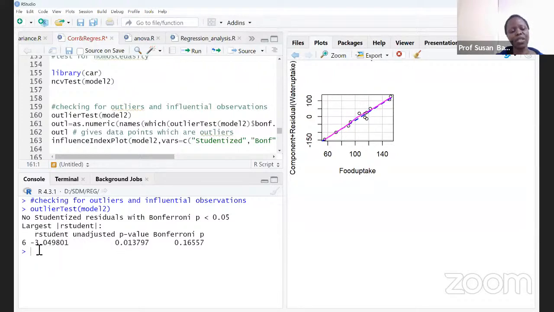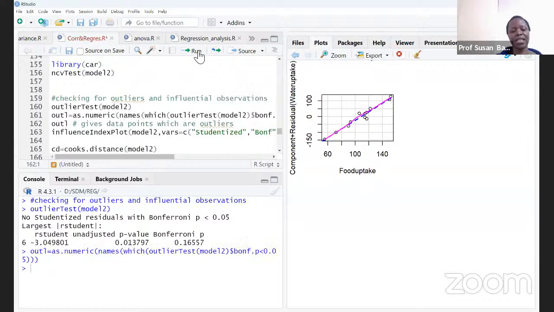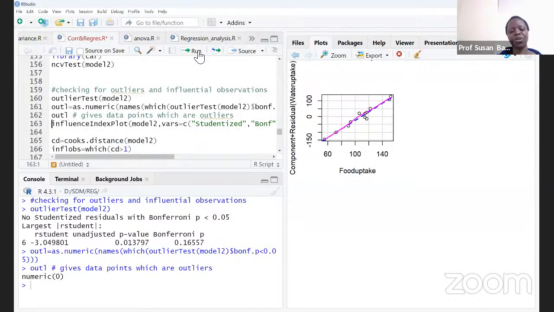Now we are testing to see whether it's an outlier. And here the p-value obtained is greater than 0.05, indicating it's not an outlier. To confirm, we've created an object out1 using as.numeric, names, and the Bonferroni test. It tells us that we don't have any outliers. Out1 would have highlighted the outliers in the data set, but we have 0 outliers.